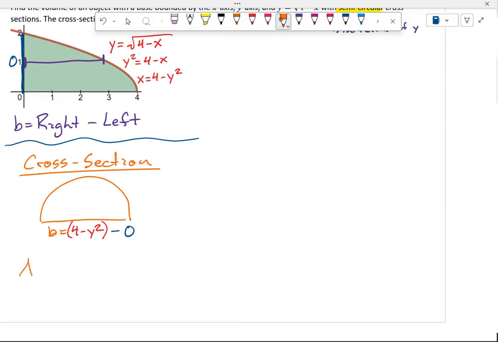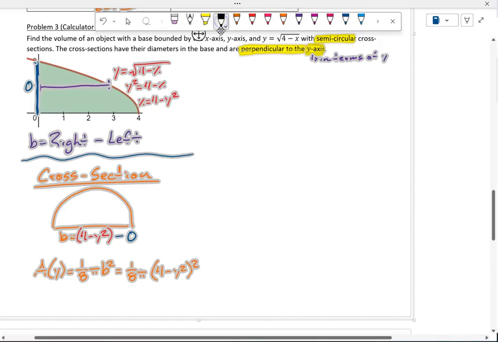What is the area equation for a semicircle? 1/8 pi b squared. So then that would be 1/8 pi times what squared? Squared. All right. Let's go ahead and set up our integral then.